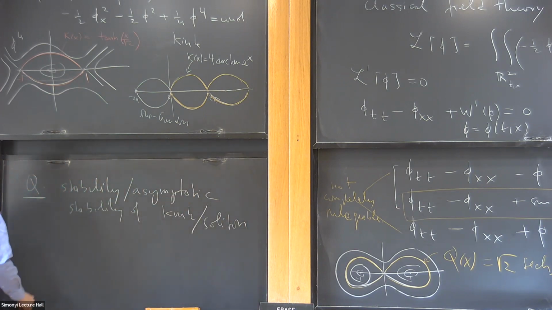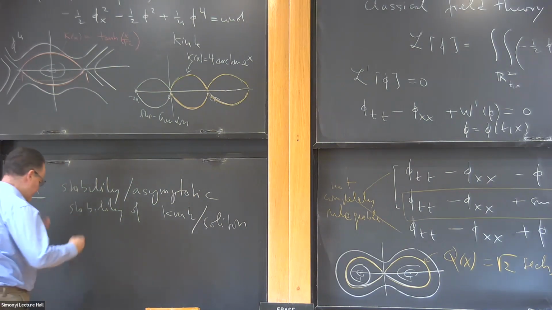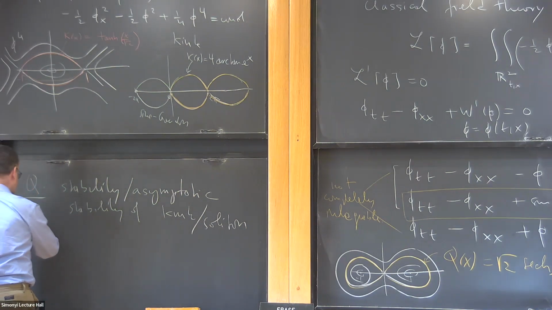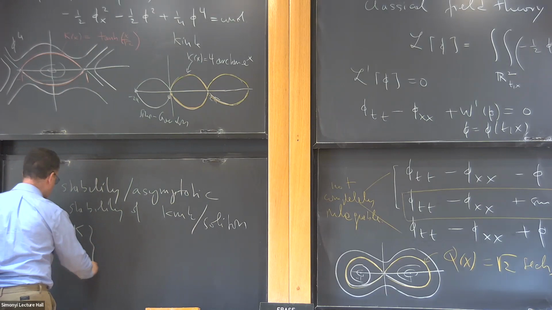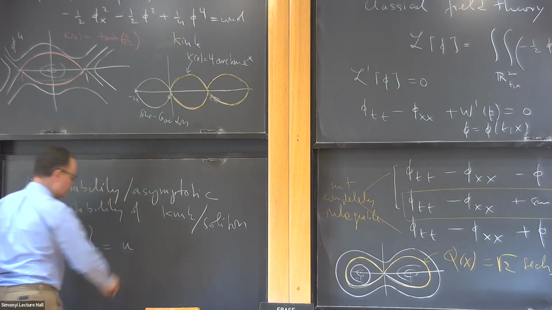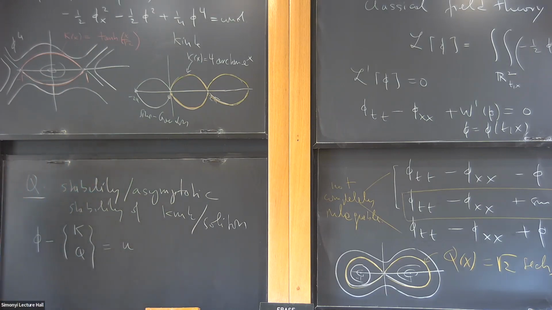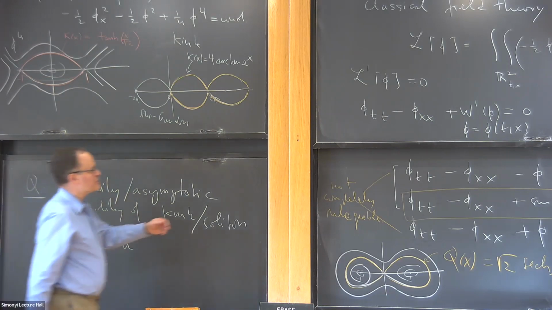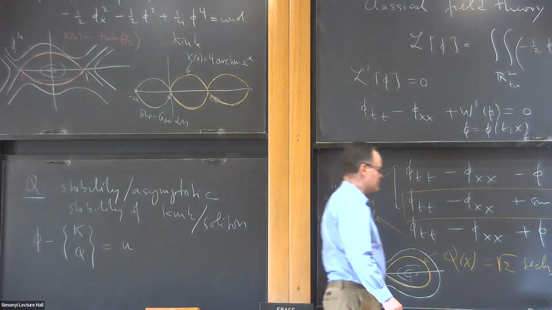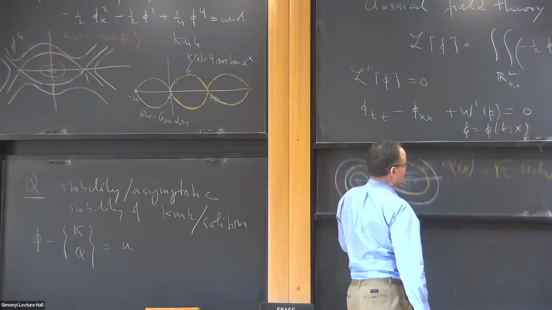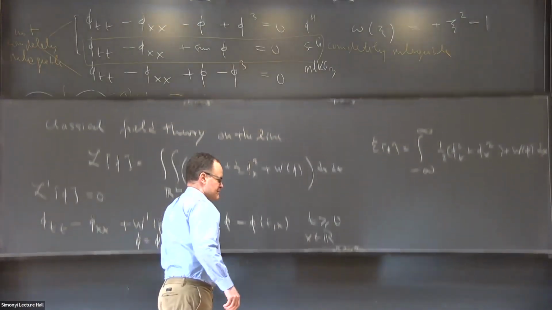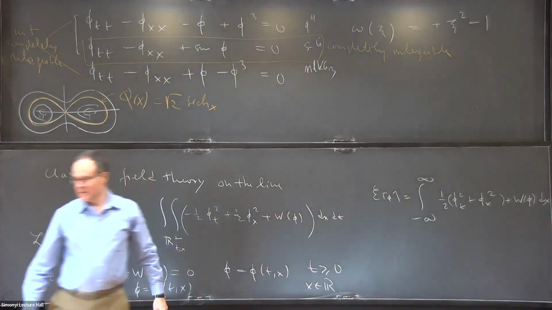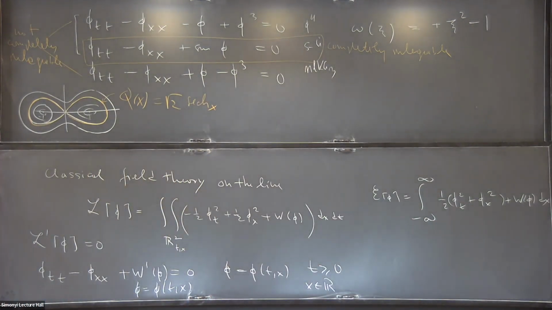Now, what should we do? We look for the perturbative equation. So we're going to write phi minus K or Q as some small function u. Please bear with me as I write down the perturbative equations for these three models.